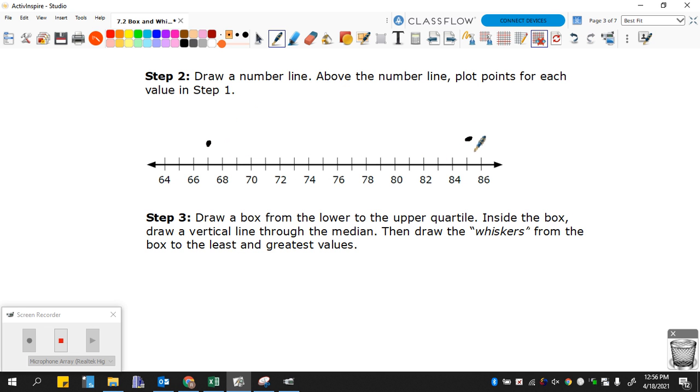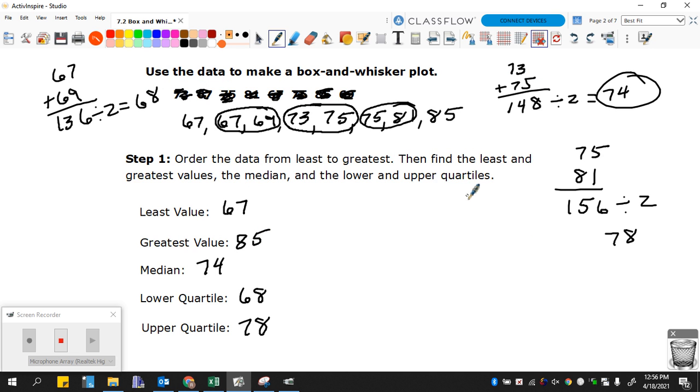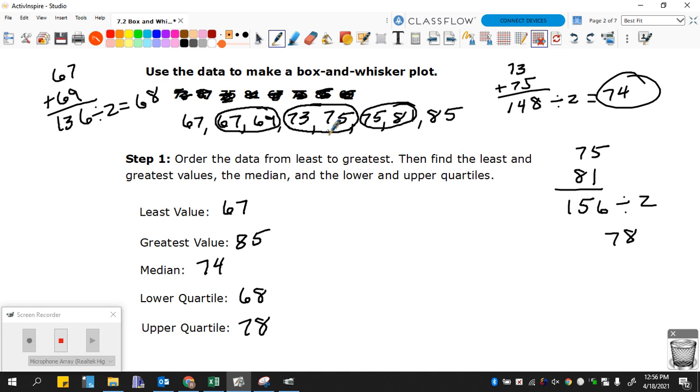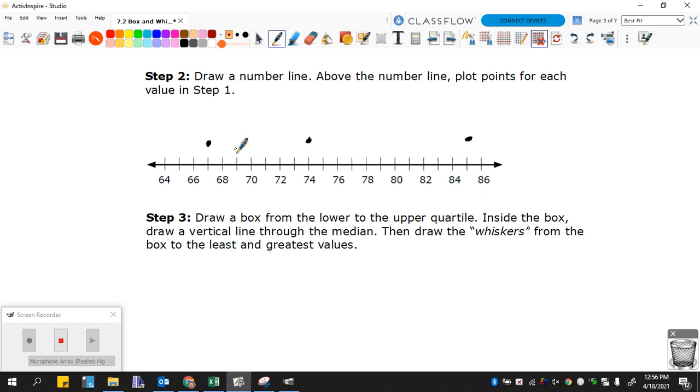Then the median is 74, that's right here. The lower quartile is 68 and the upper quartile is 78. So we draw a point for each one of those.